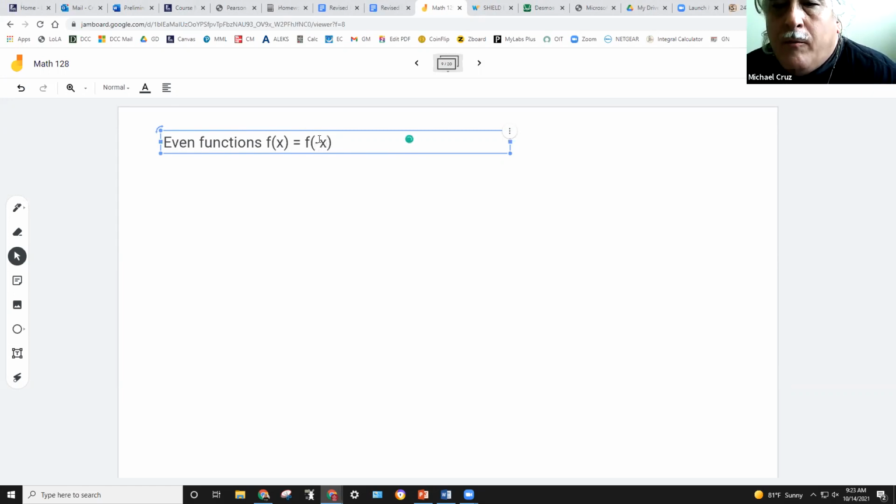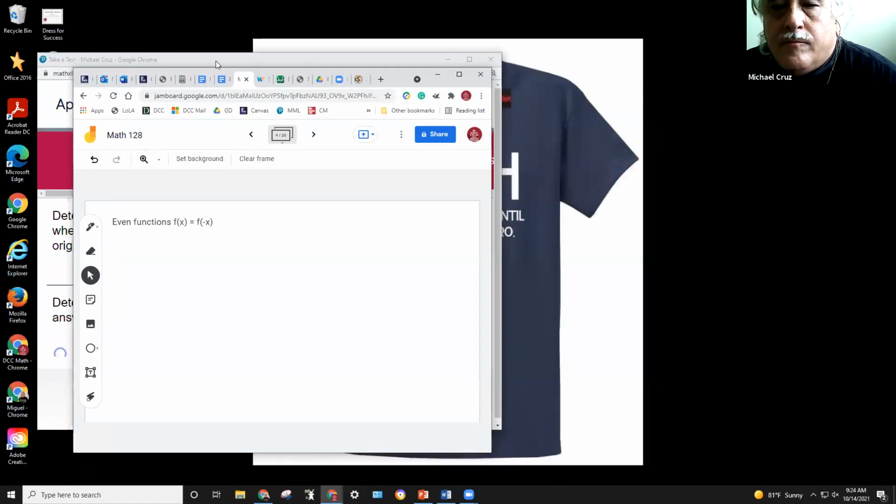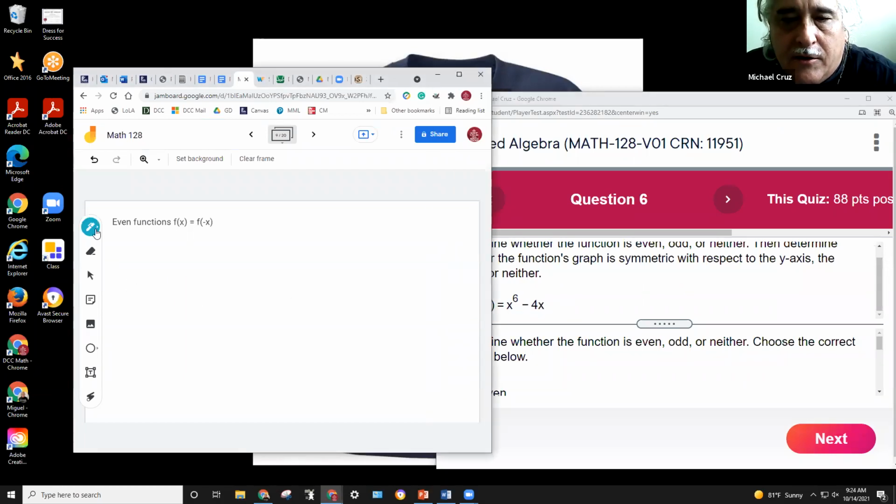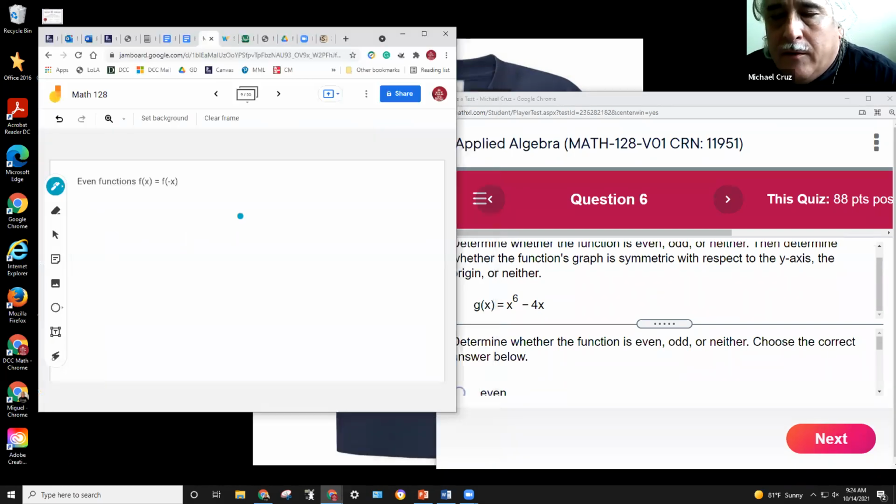How we tell, at least the formal way, is to put negative x in for the function. And does it change? If it's the exact same function. And I can tell you just by looking at this, this one is not going to be, but we'll work it out. And then I'll explain to you my reasoning. It says g of x, but I'm already working for this, so I'm going to put negative x.